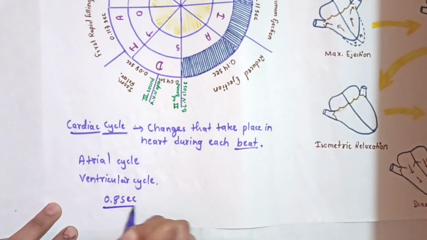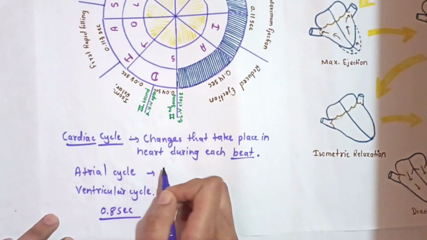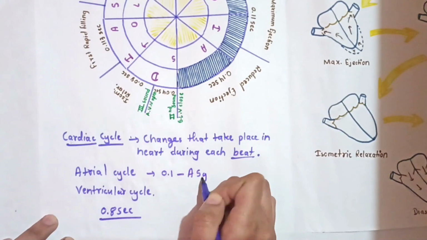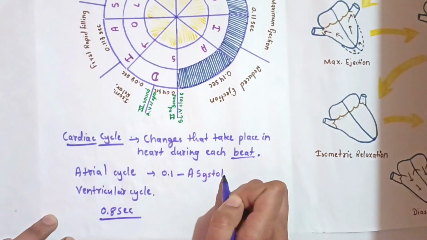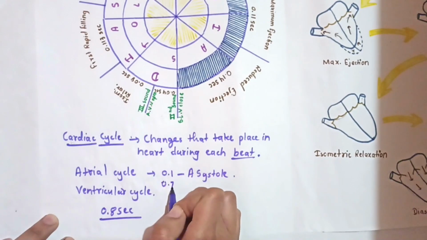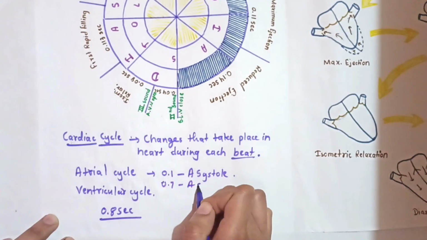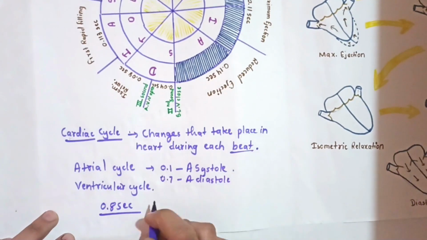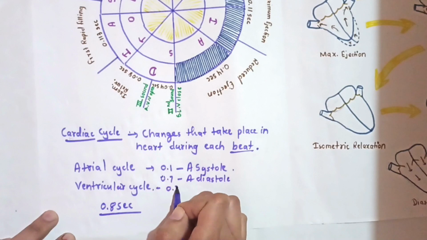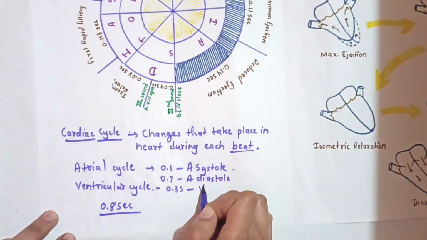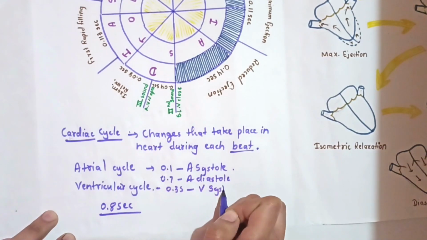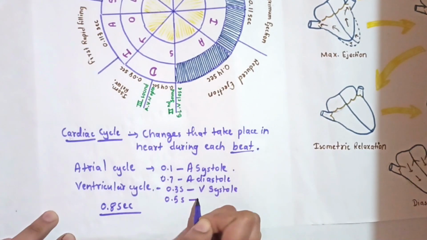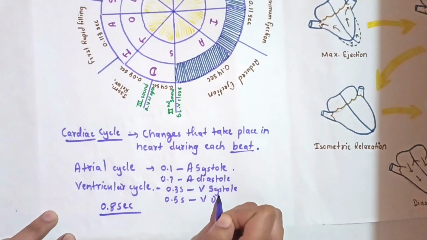In the atrial cycle, for 0.1 second there is atrial systole, and for the remaining 0.7 second there is atrial diastole. And in the ventricular cycle, for 0.3 second there is ventricular systole, and for 0.5 second there is ventricular diastole.